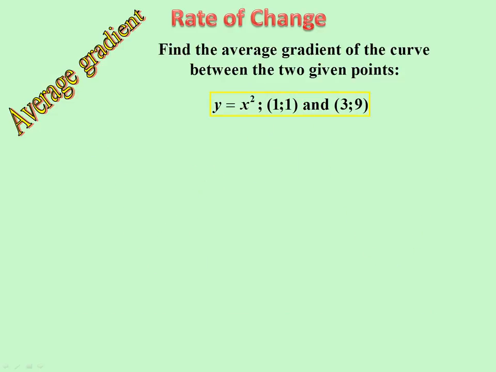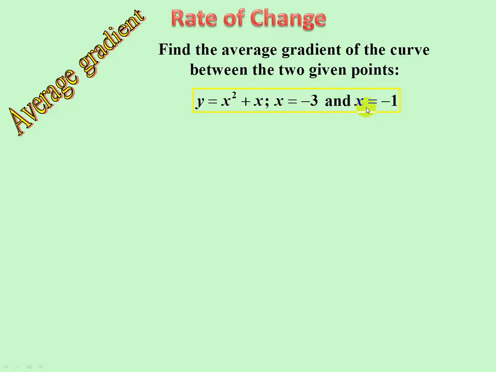So let's find the average gradient. This one's pretty straightforward. We're given the x and y, so we apply the formula. There we are. In this case, we're only given the x's. But we're given a pretty good tool to find the y's because there's y equals x squared plus x.